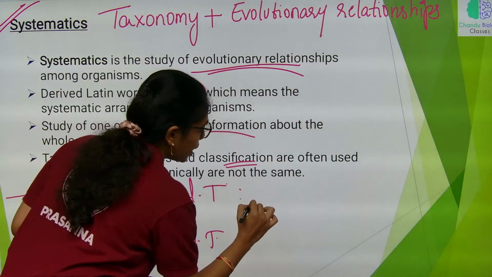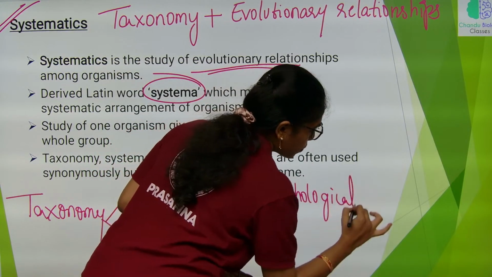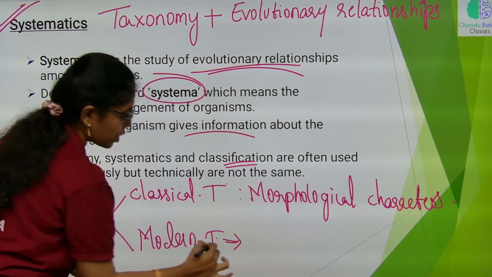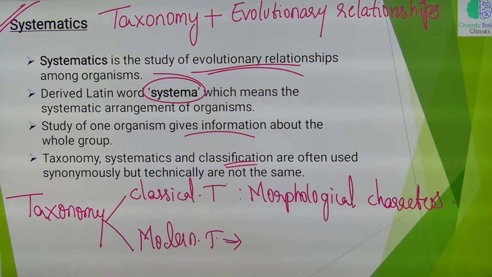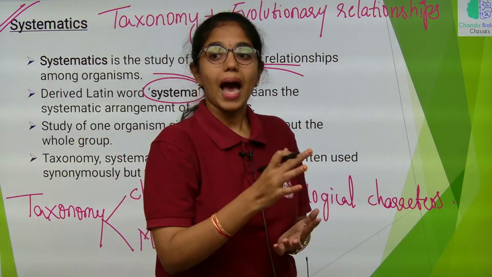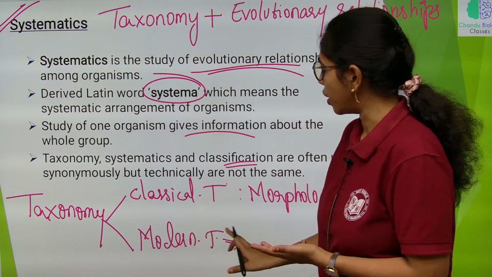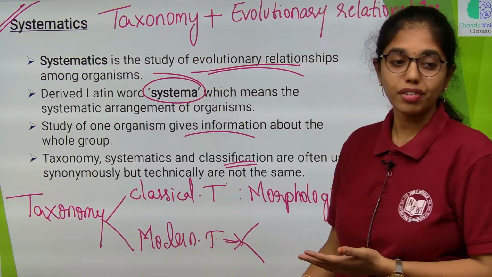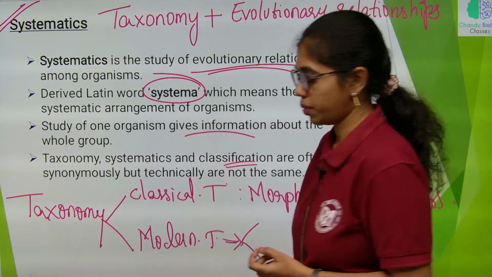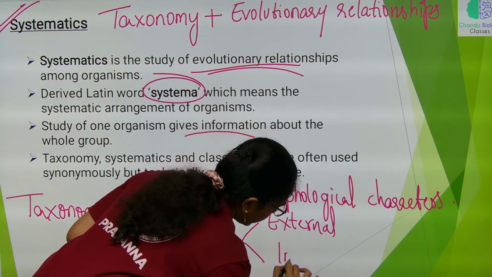But in modern taxonomy, along with external features, that is morphological characters, internal characters are also considered, like embryology, anatomy of root, stem, leaf, cell division, cell anatomy, everything. All the external and internal features are considered to place the organisms in different taxa, which is called modern taxonomy. So here both external and internal characters are considered.